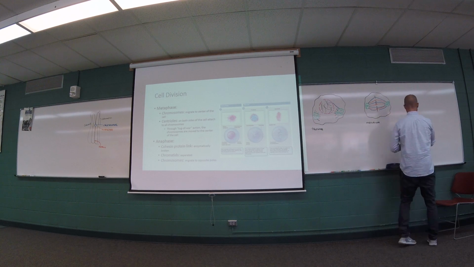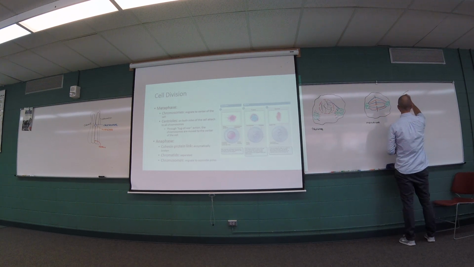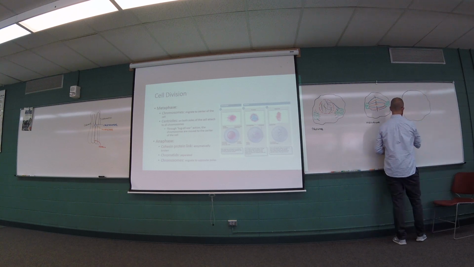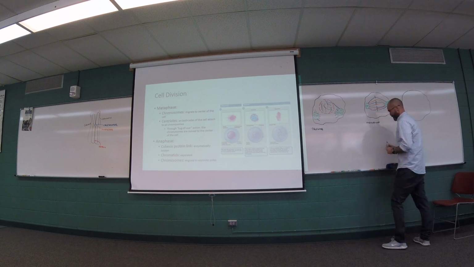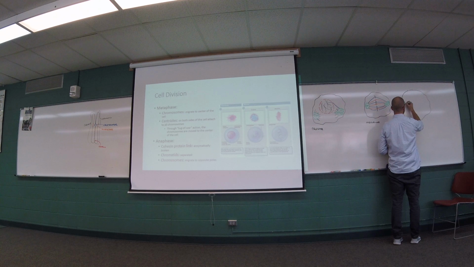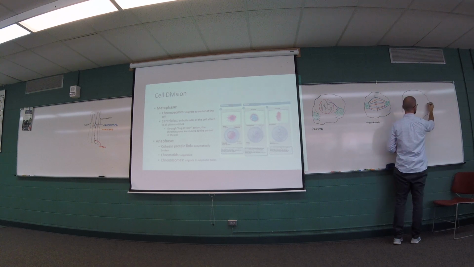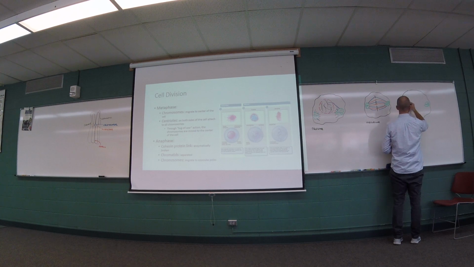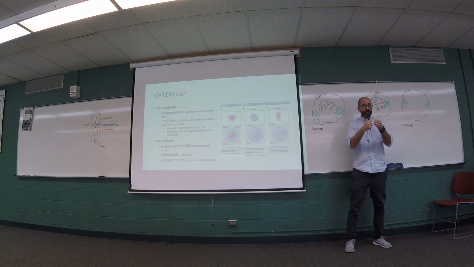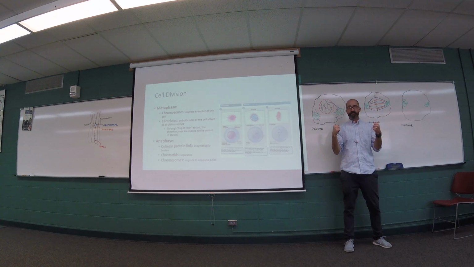So that looks kind of like this. Our chromosomes have been pulled apart so that now each just consists of a single sister chromatid.